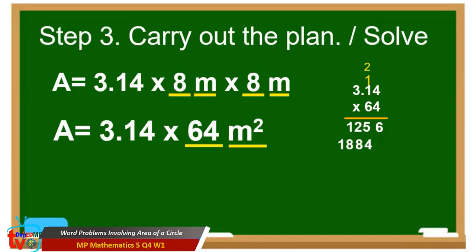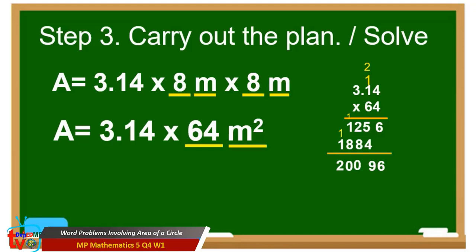Add now the partial products. Bring down 6. 5 plus 4 equals 9. 8 plus 2 equals 10. 8 plus 1 equals 9 plus 1 equals 10. 1 plus 1 equals 2.